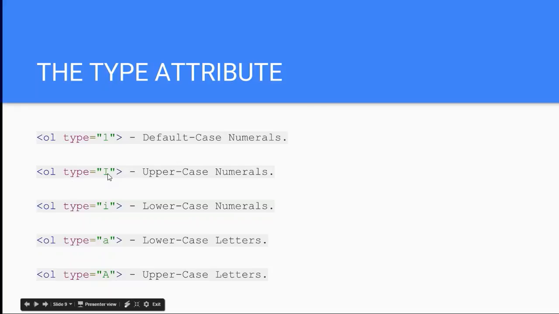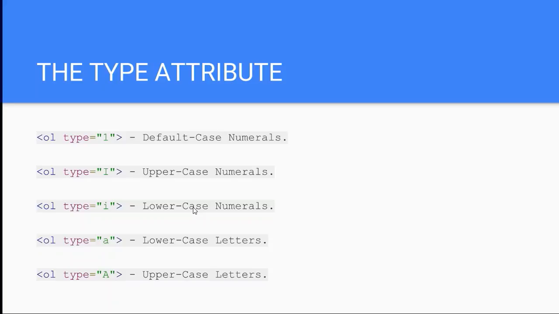If you type capital I, you'll get uppercase numerals, and if you type small i, you'll get lowercase numerals. If you type small a, you'll get lowercase alphabets. If you type capital A, you'll get uppercase alphabets. Let's try the first 2 examples so then you'll understand it better. Let's try the first example.